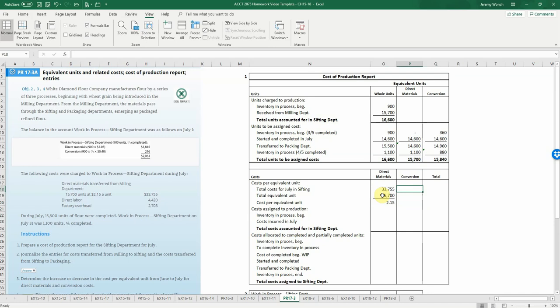Now for conversion cost, we have conversion of 4420 of direct labor and 2708 of factory overhead. We're going to take that cost and assign it over the 15,840 units. So we've got 45 cents per equivalent unit of conversion cost.